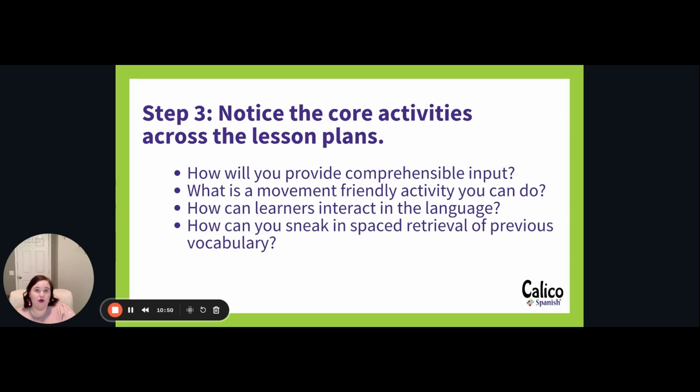So, for example, if we're learning about numbers and they've already worked on numbers 1 through 3, and you're starting to add in numbers 4, 5, and 6, they still need to be able to activate and remember numbers 1, 2, and 3. So you need to think about, okay, what activities can I do that will encourage them to practice what we've already known, and then add to that knowledge with the brand new information that you're learning.